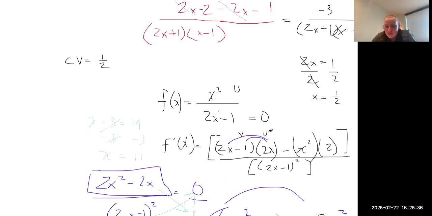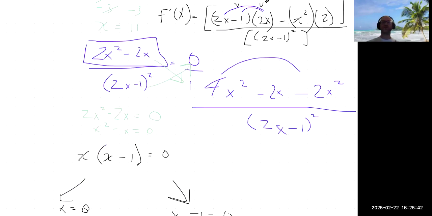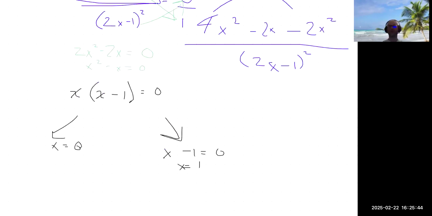That is going to be where it's undefined, where we have an asymptote, and then these other locations are where there's points where the derivative is equal to 0.